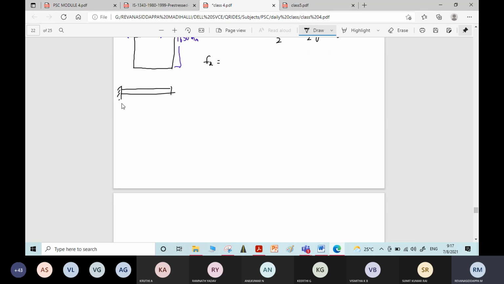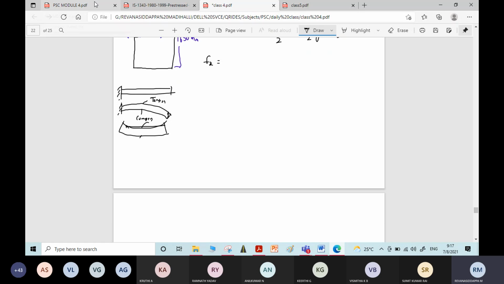For a cantilever beam, what will be the bending pattern? Like this, correct? The top fiber will be subjected to tension, and the bottom fiber will be subjected to compression. But in the case of a simply supported beam, it is reverse: top fiber compression, bottom fiber tension.